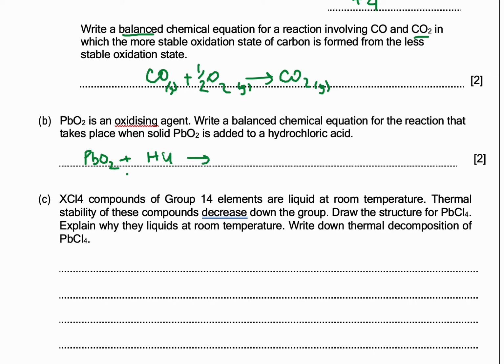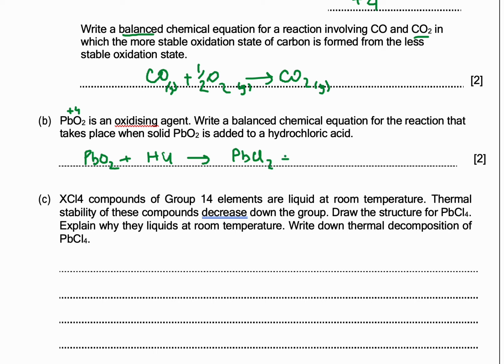Most of the students get confused when they write the chemical equation here. You have a hint, it just says oxidizing agent, so it's reduced. That means the oxidation state of this lead, which is +4, is reduced. To what oxidation state will it be reduced? To the +2 oxidation state.